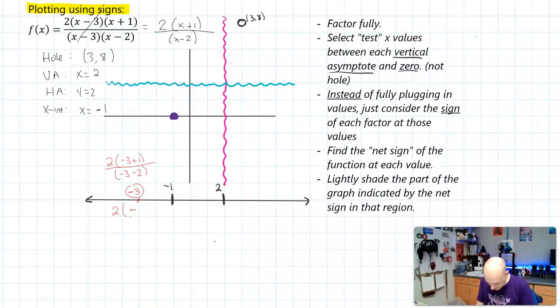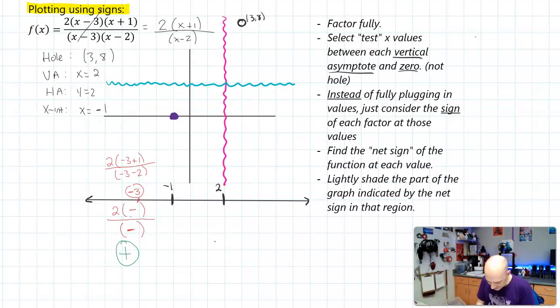So it would be 2 times a negative number over -3 minus 2, which is another negative number. So I'm just going to write a negative in parentheses. Well, I have a negative over a negative, which is a positive, times a positive 2, which means the whole net sign of this would be a positive. And I just write a plus with a circle around it to say this is the net sign of a 2, a negative, and another negative.